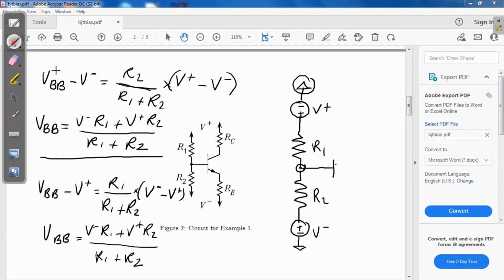Now we need to see how we compute the RBB. Okay, so let me put back the transistor. So what you do is that you short any source.